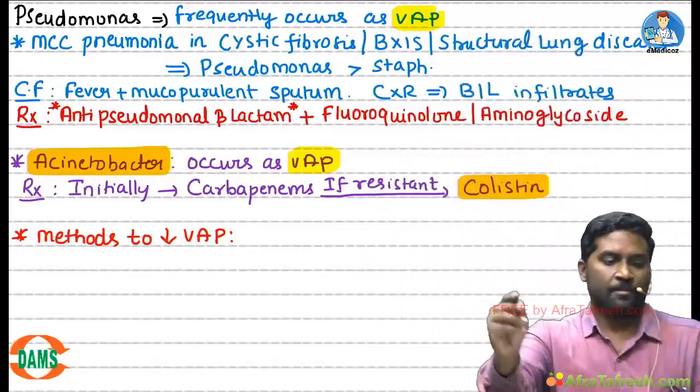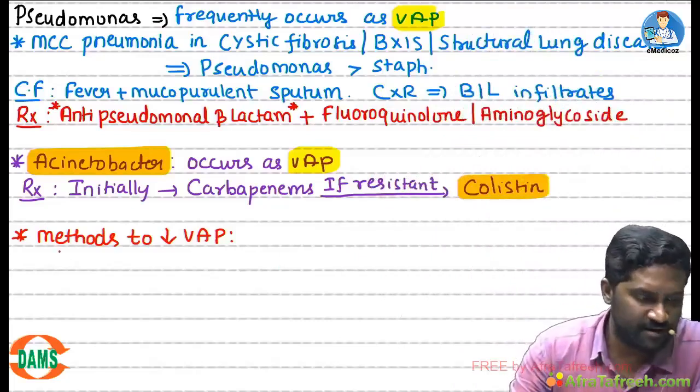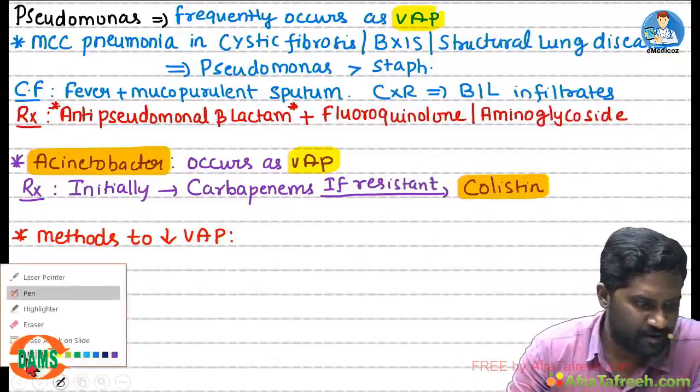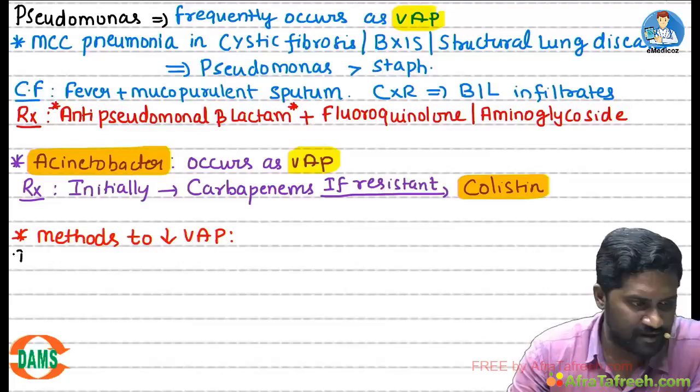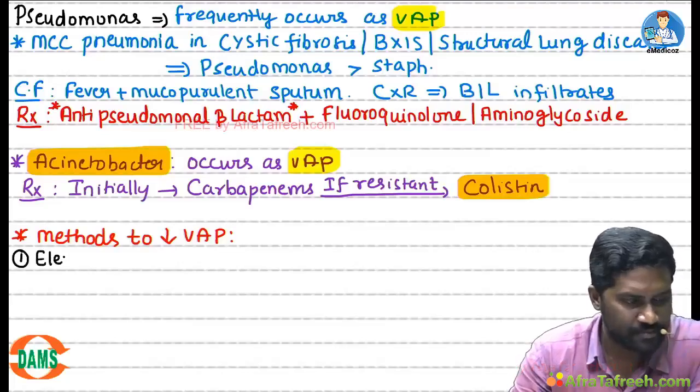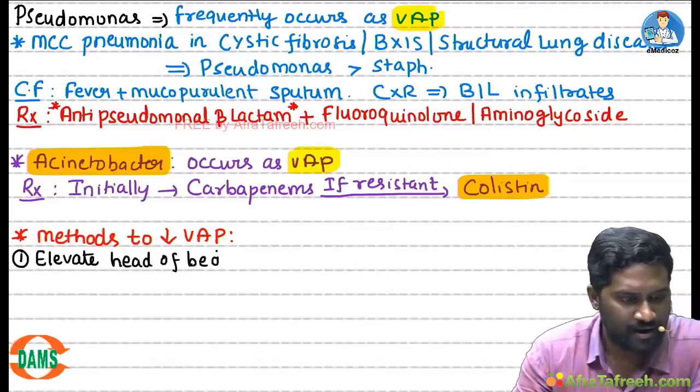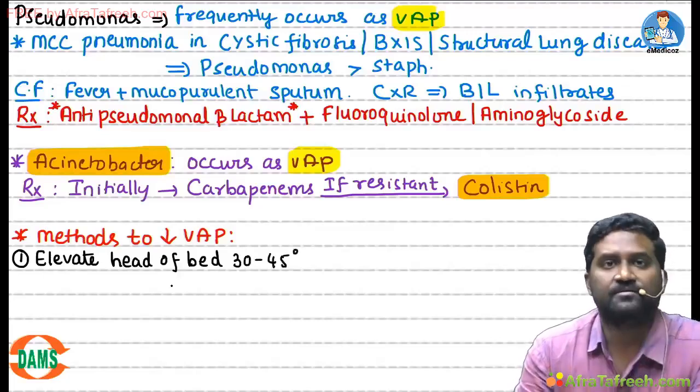So write down the methods to decrease ventilator associated pneumonia. First important is elevate head of bed 30 to 45 degrees.